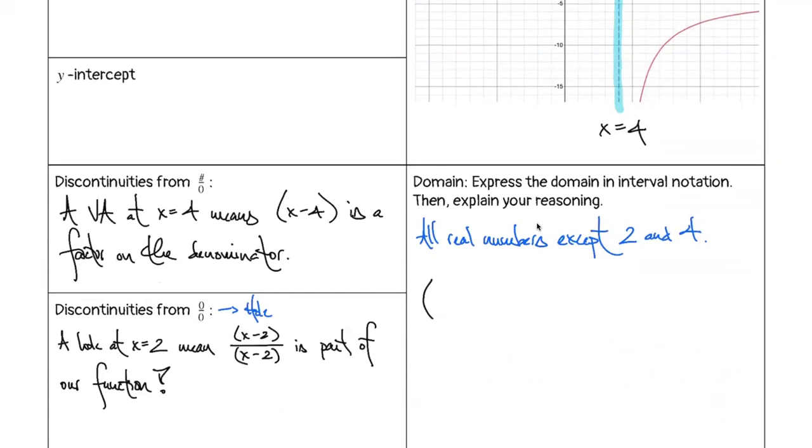So we'll start at negative infinity and we'll go until 2, which is the first discontinuity. We're going to use the parentheses because we're not including it. And we're going to say in union with, or and, 2 to 4, close it, and 4 to infinity. Okay.